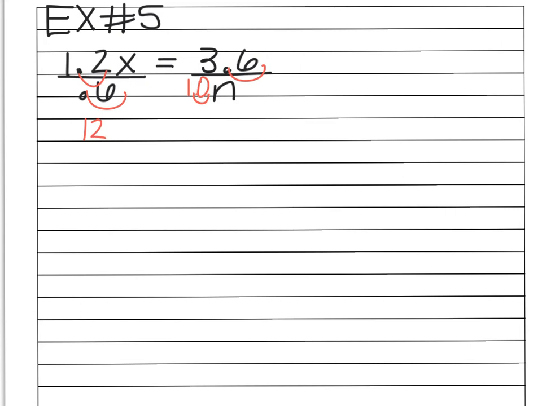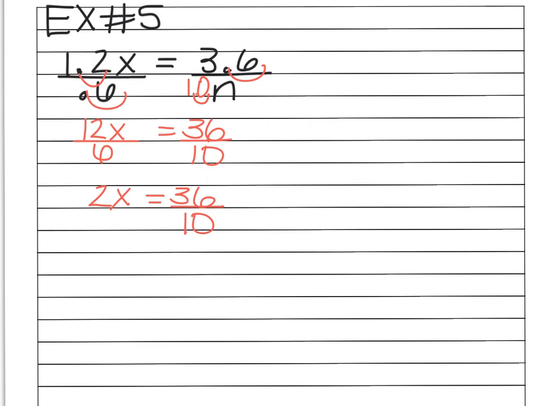So I have 12x divided by 6 equals 36 over 10. And we can go ahead and cross multiply here. But actually, we have a little shortcut. We can look here, and 12 divided by 6 is going to be 2. So we don't even have to cross multiply. Unless you want to use that method, you can.